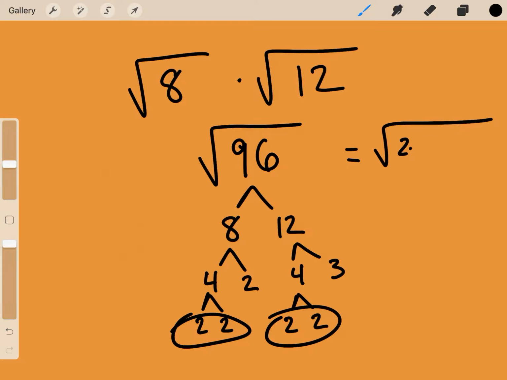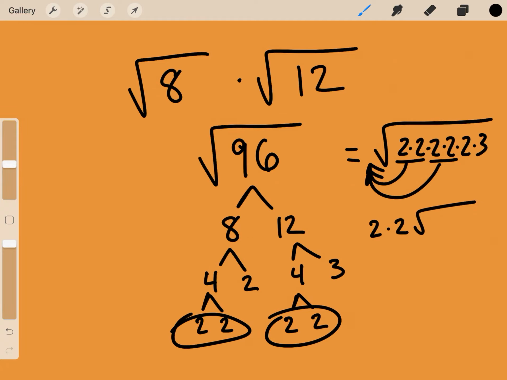How many 2's are there total? 1, 2, 3, 4, 5. And a 3. 2 pairs of 2's leave. Sorry, not a pair of 2's, just a regular 2 is left and a regular 3 is left. We have to multiply those together. 4 radical 6 would be your final answer.